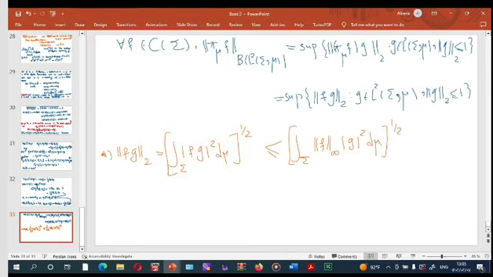This holds because we know that the absolute value of F is less than or equal to the supremum norm, or essentially supremum norm. So this to the power of 2 is less than this to the power of 2.